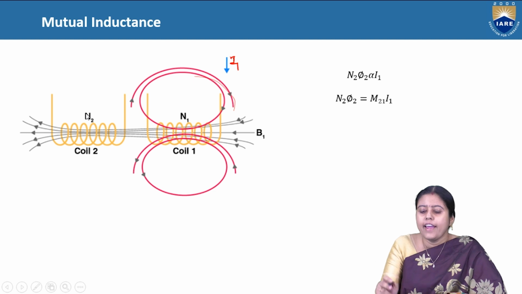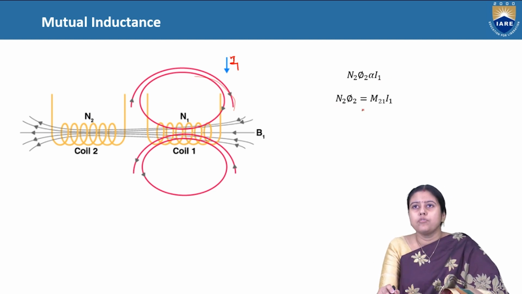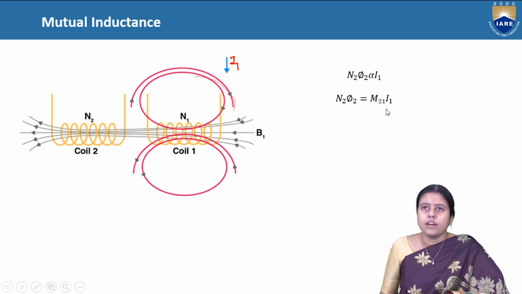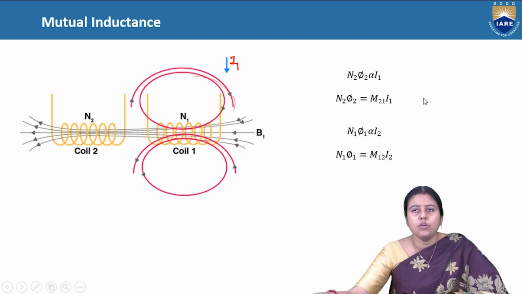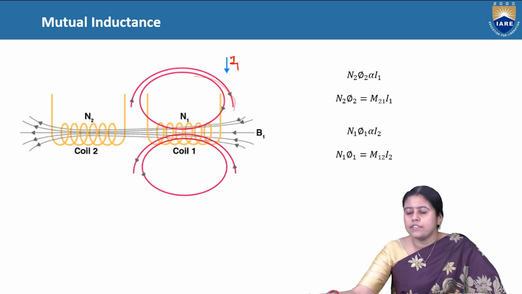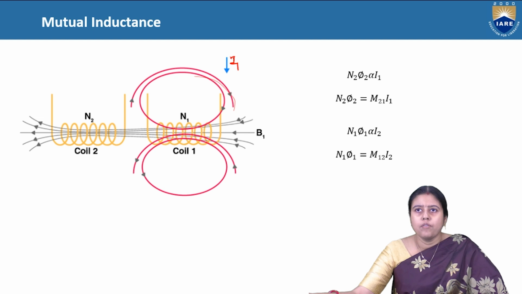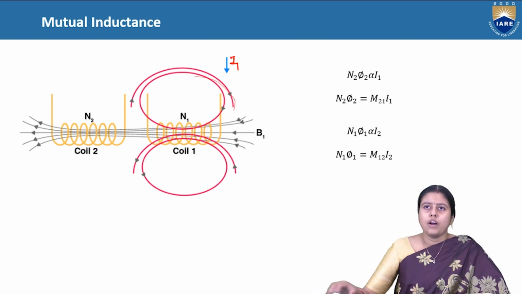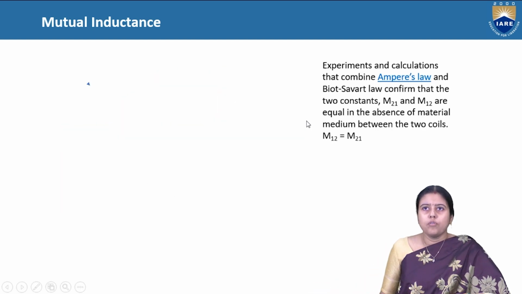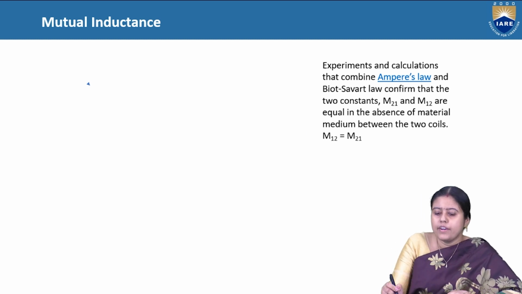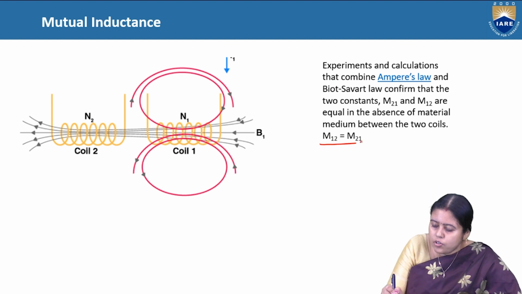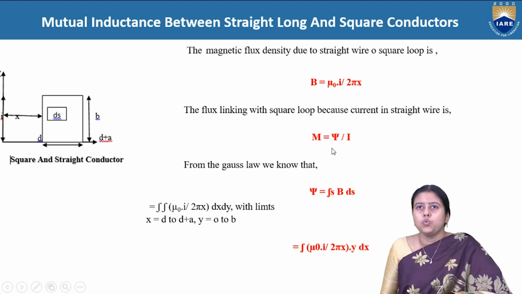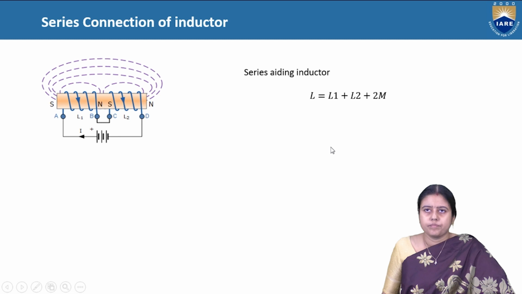So we can write N2 phi 2 is directly proportional to I1, so N2 phi 2 is equal to M21 I1. Similarly, N1 phi 1 is directly proportional to I2, and N1 phi 1 is equal to M12 I2. So if both are equal, we can write from the Ampere circuit law, mutual inductance M12 is equal to M21.